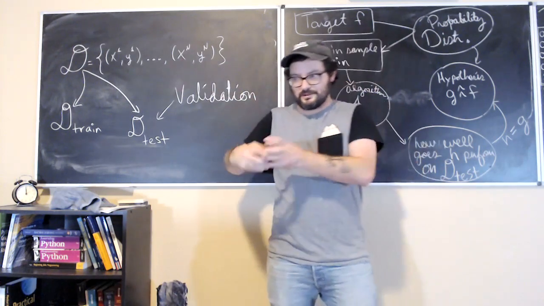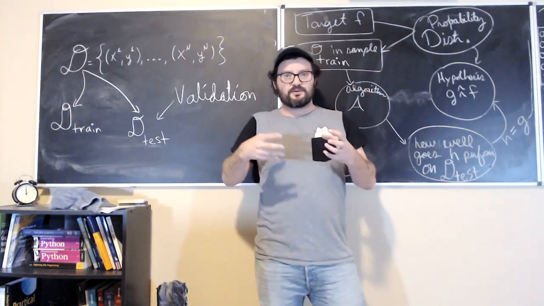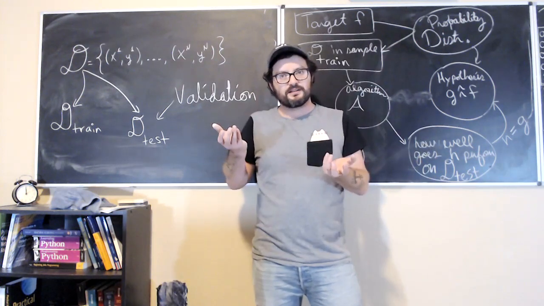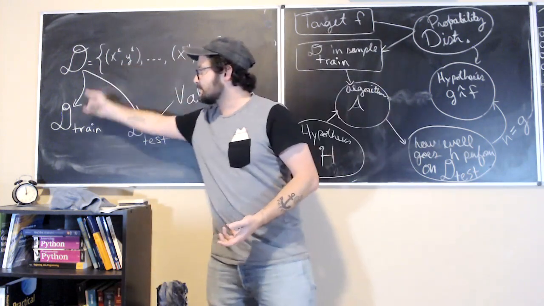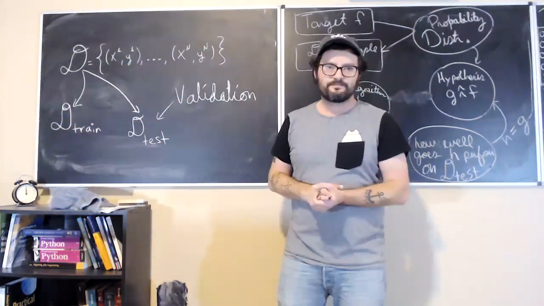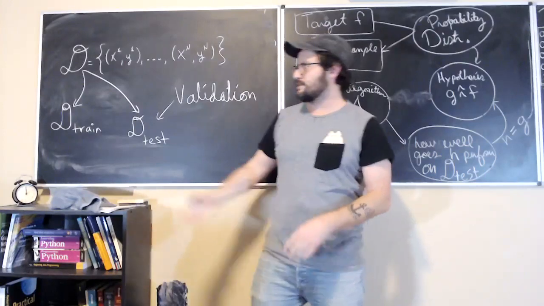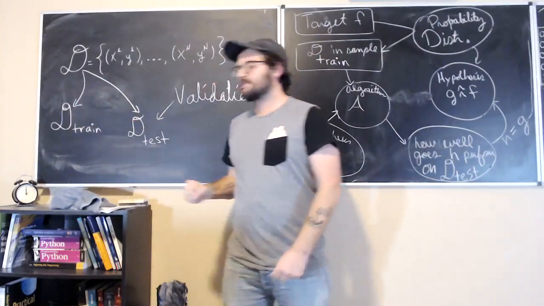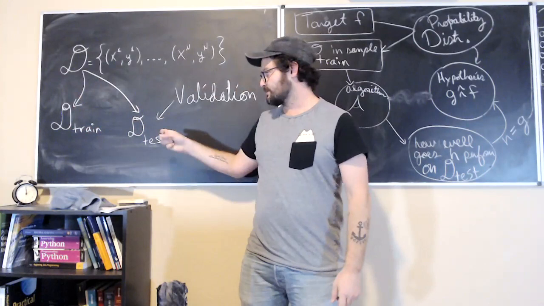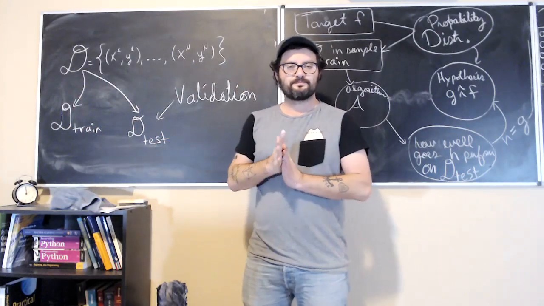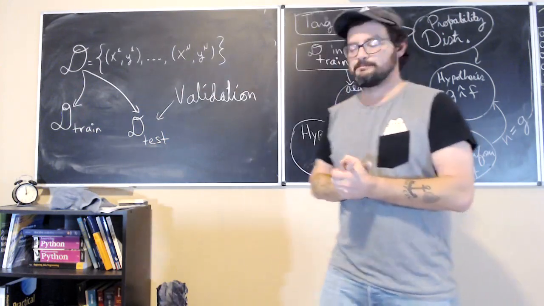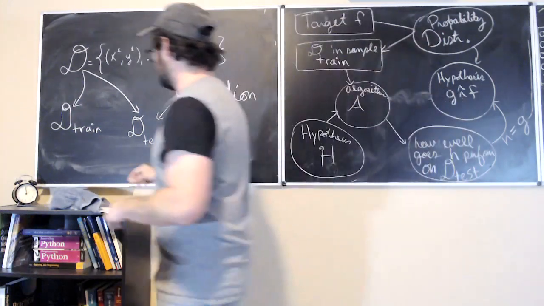And now that we know that that's possible, it's important to check to see whether that is actually happening. And you do that by splitting your data into train data and test data. You train on this collection, and then you see how well it performs on that collection. Okay?